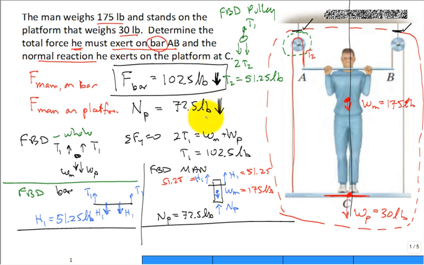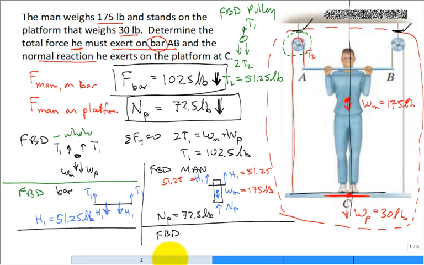Pulling down on the bar and pushing down on the platform, and we would box it and call it quits. I would do the free body diagram of the platform to make sure it's consistent. If it's not consistent, then we have an error and we look for our error. But you will close the loop and you'll just find that it's consistent.